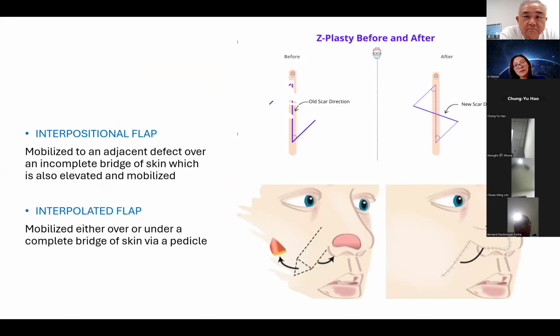Interpositional, for example Z-plasty, is when you mobilize it to a defect over an incomplete bridge, which also needs to be elevated and mobilized. For an interpolated flap, you need to mobilize it over or under a complete bridge of skin, for example in the forehead flap.